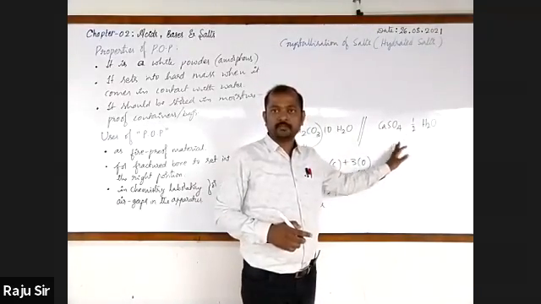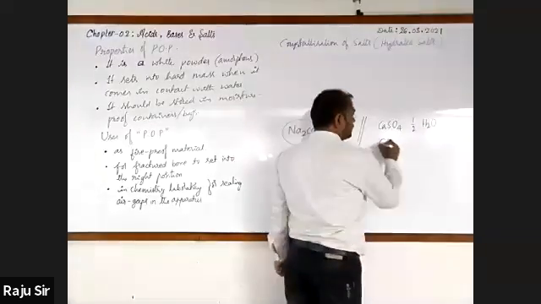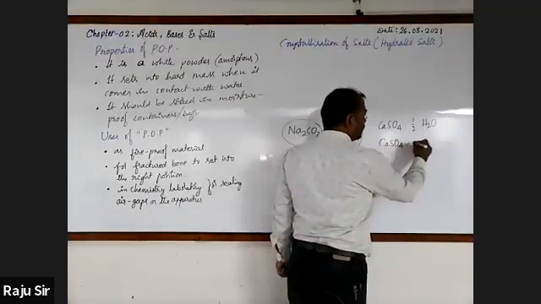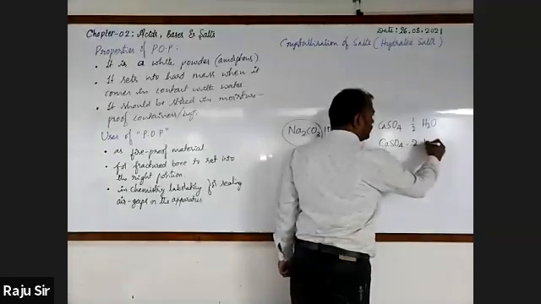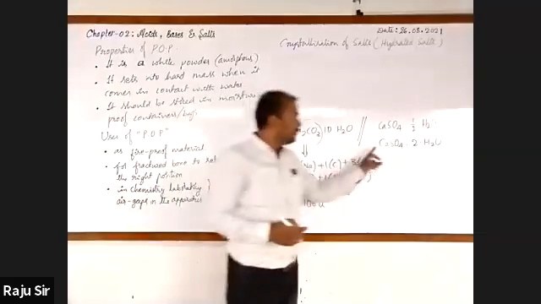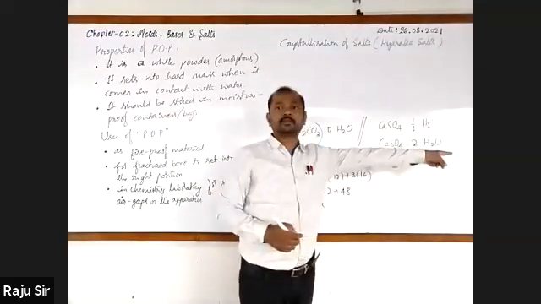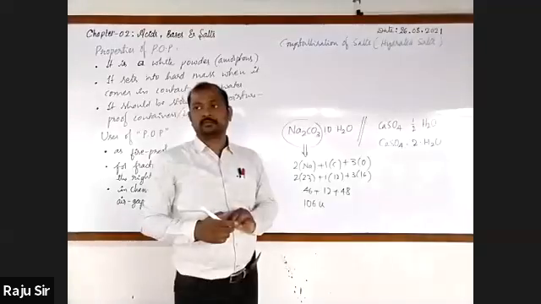That's the meaning. Then, in the same way, gypsum is CaSO4.2H2O. Every 1 molecule of calcium sulfate contains 2 molecules of water.